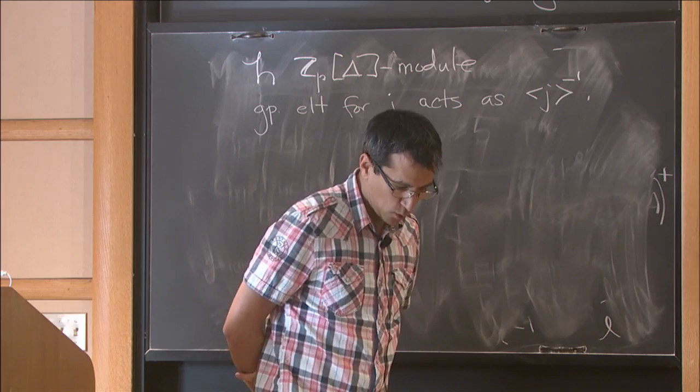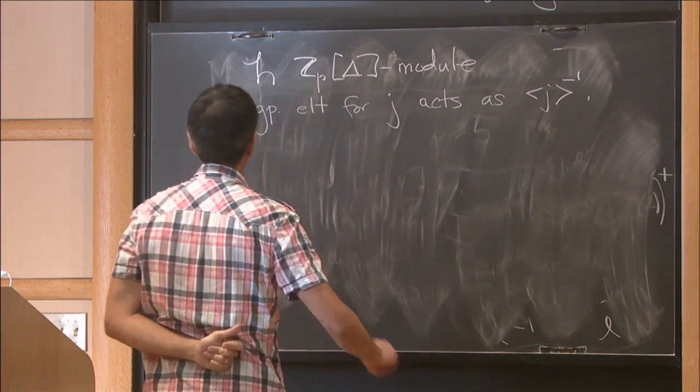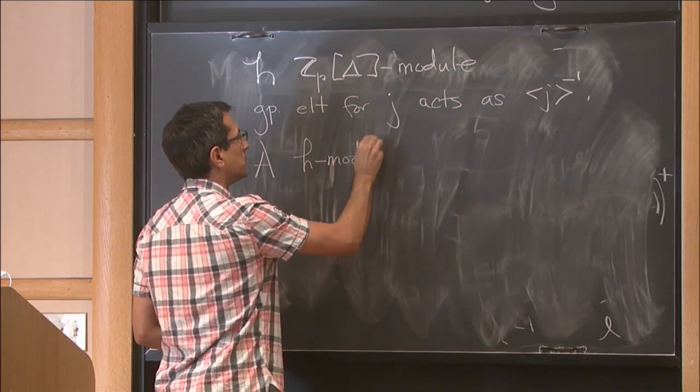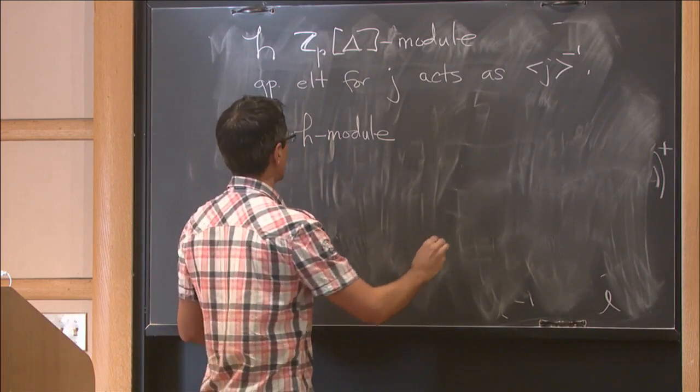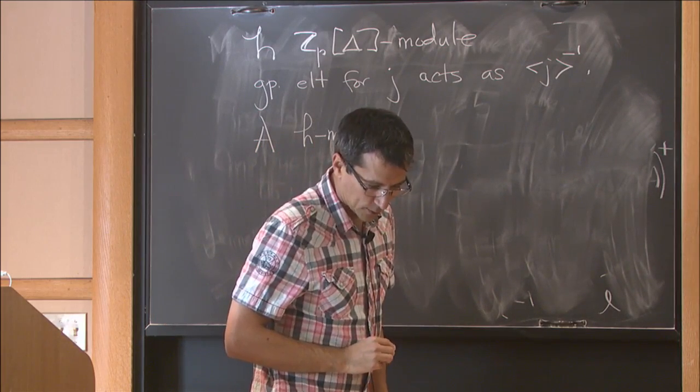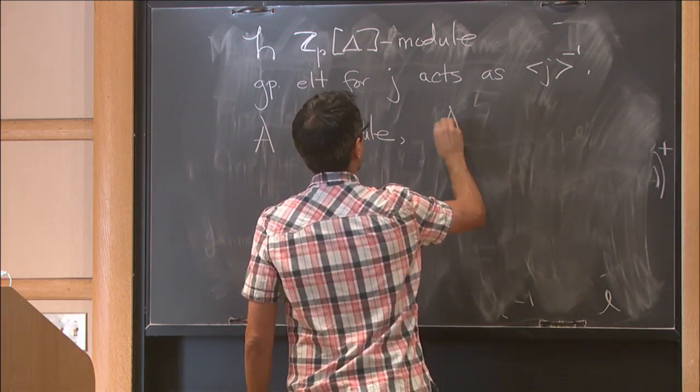OK, so if A were now an H module, then I can decompose it. Well, I want the notation to be A sub m.